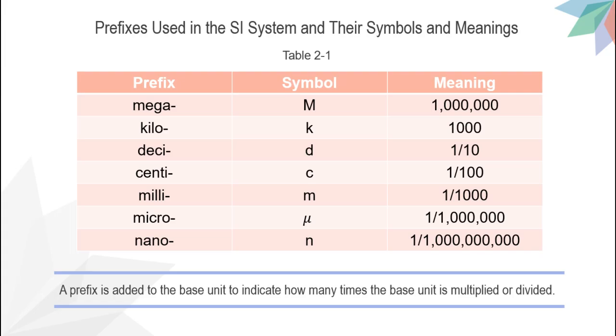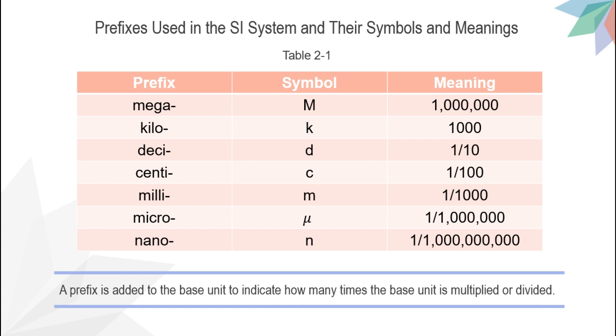Now, these are the prefixes used in the SI system and their symbols and meanings. So, a prefix in English are words that we attach before a root word to add meaning to it.